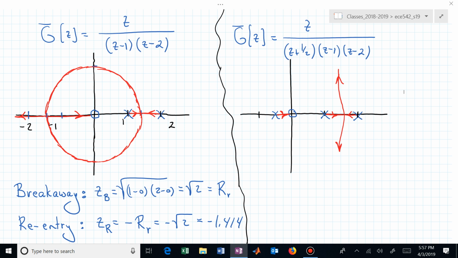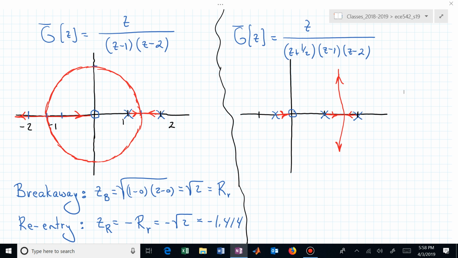In this case, one pole is a distance of 1 minus 0. I'm doing the 0 for the location of the 0. It has a length of 1. The other one has a length of 2, and we actually look at the geometric mean of those 2 numbers. Not their average, but the geometric mean.